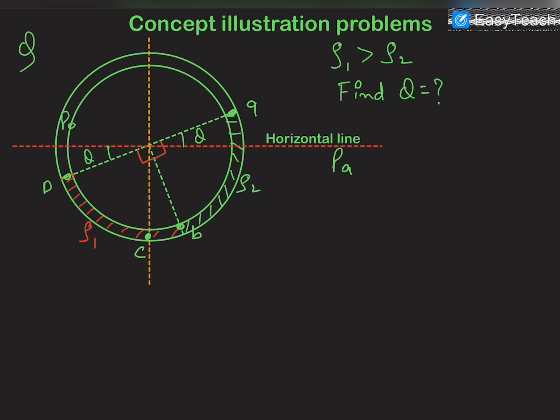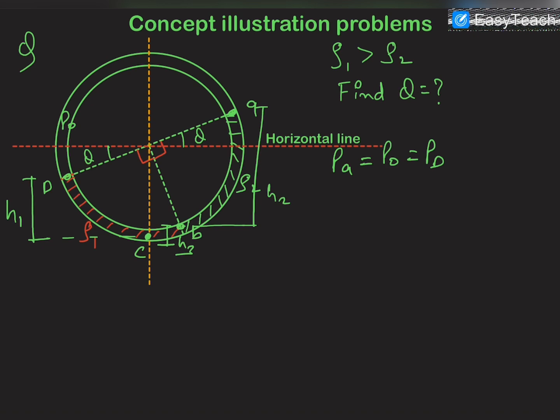So let us assume that PA is P0, and obviously PD will be equal to P0. Now if this height till C is h1, the height till B is h2, and the height from C to B is h3.